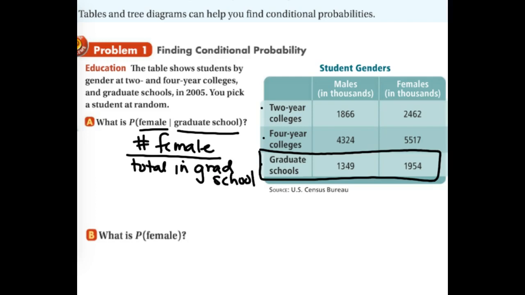Okay? So this is why I said you probably want a calculator. We've got some bigger numbers to add up. Let's go ahead and add up our grad school students. We need to add 1349 and 1954. Okay.